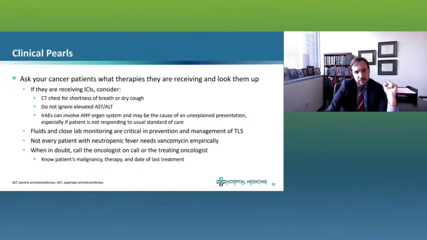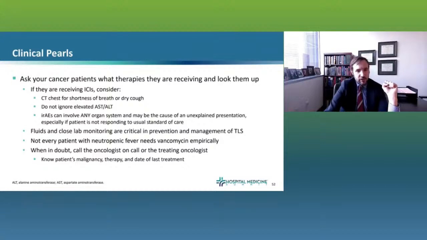We all know this. And we didn't talk about this in detail, but good antimicrobial stewardship implies that not every single patient with neutropenic fever needs vancomycin empirically. Of course, different scenarios would be if they have an obvious gram-positive source, i.e. some kind of severe skin infection, etc. Just use your clinical judgment. And then when in doubt, call the oncologist on call or the treating oncologist.